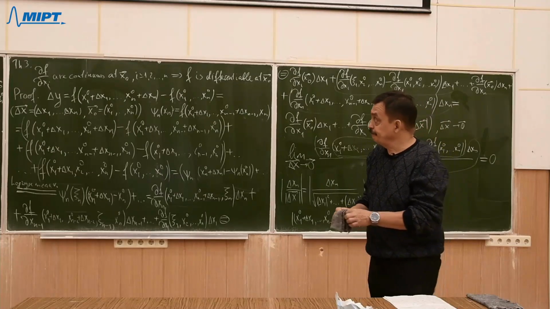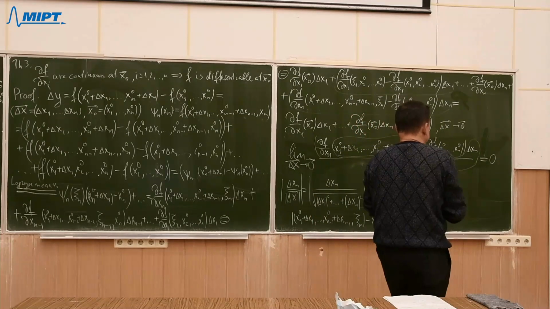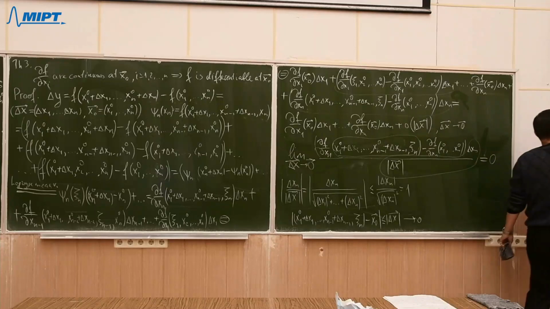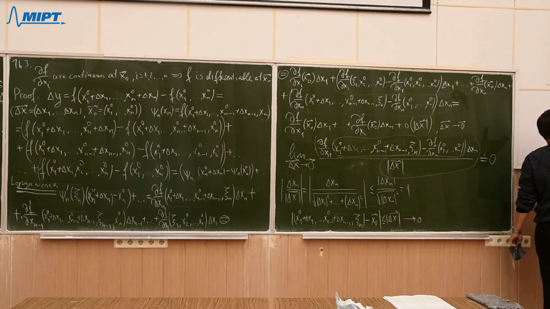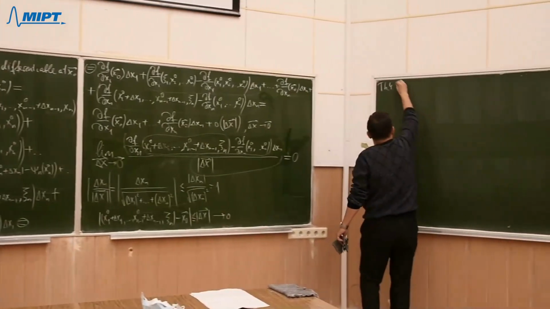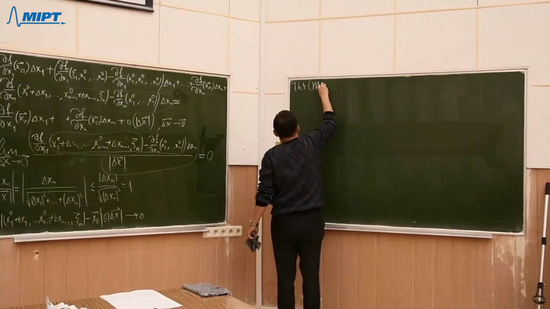Okay. Next theorem is theorem 4, the multivariate chain rule.